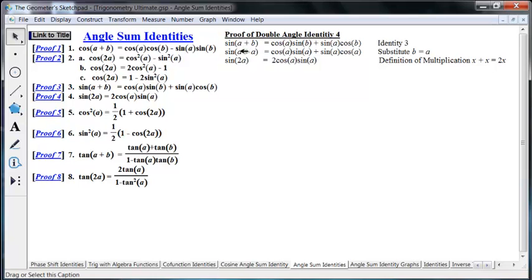On the left side, that gives us sine of A plus A, which is sine of 2A. On the right, we get cosine A sine A plus sine A cosine A. Well, sine A cosine A is the same thing as cosine A sine A, and so these add up and double up there and become 2 cosine A sine A.